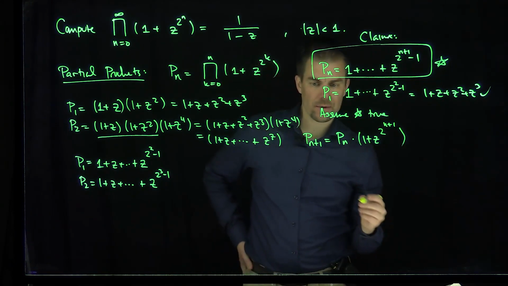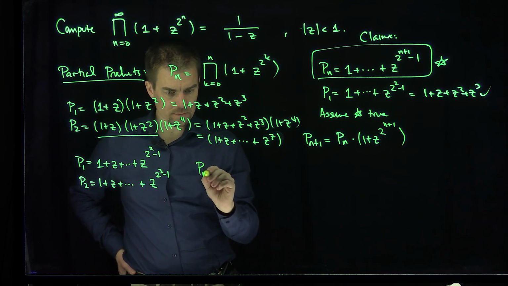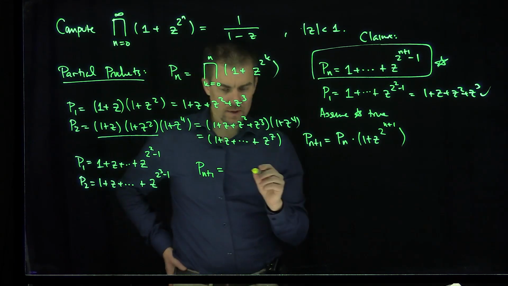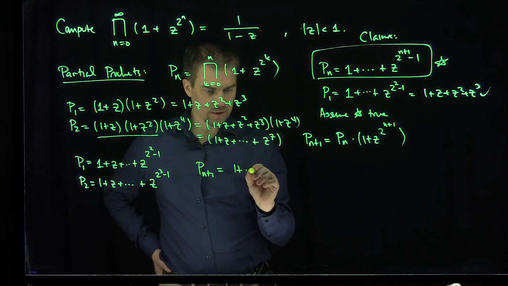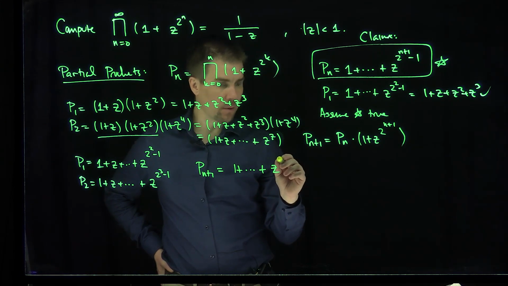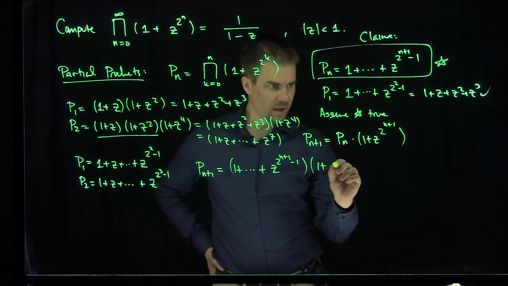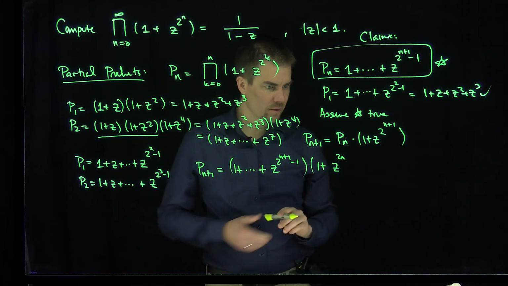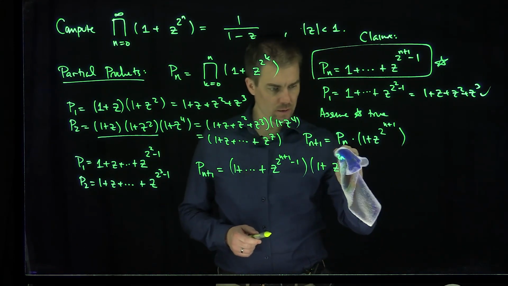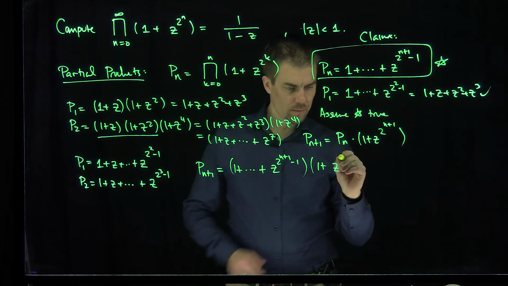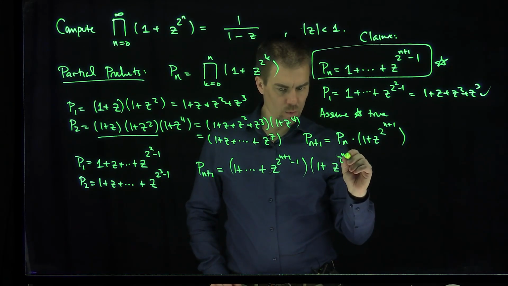Now we can use the induction hypothesis. So this tells me that Pn plus 1 is equal to 1 plus all the way up to z to the power 2 to the n plus 1 minus 1, times 1 plus z to the power 2 to the n plus 1.